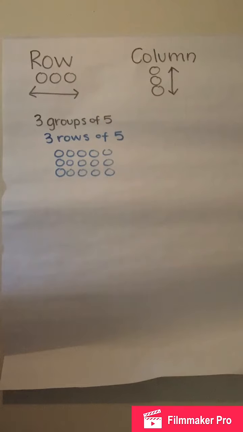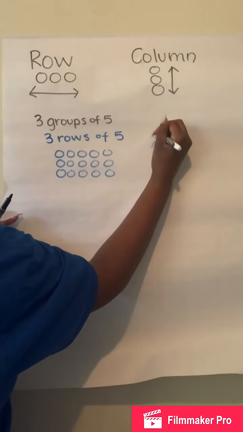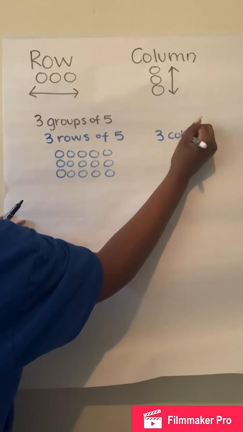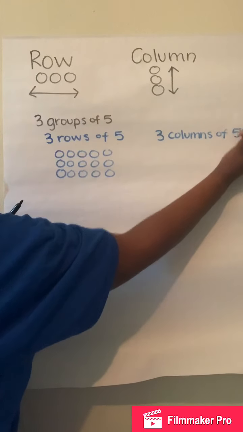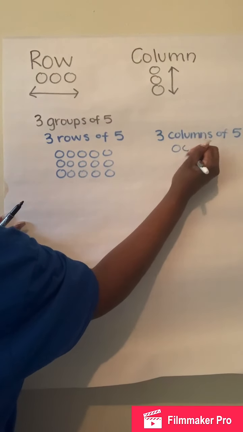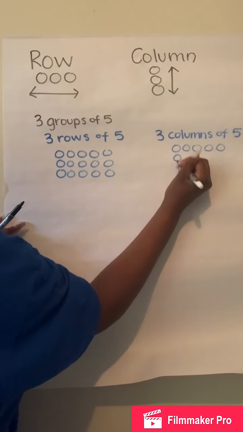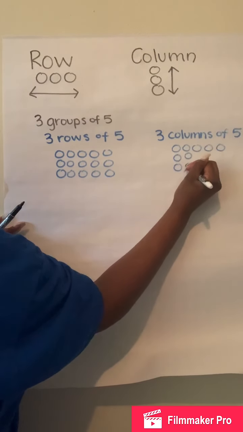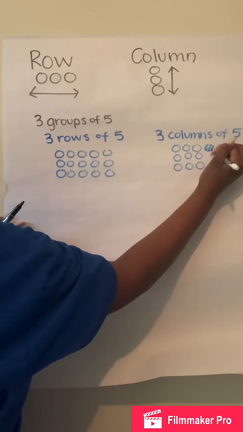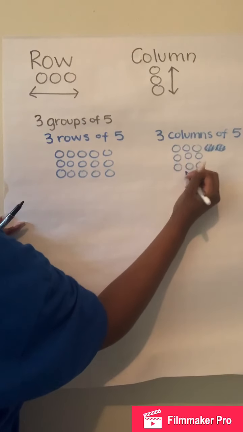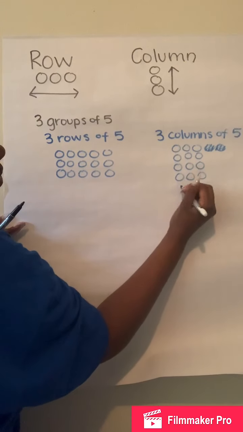Or I can draw it as 3 columns of 5. There's 3 columns and 5 in each column.